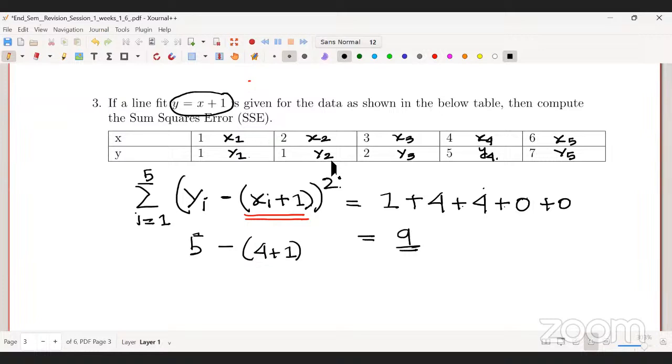In some cases, you may get a different function instead of this straight line. You may get some logarithm function, or some quadratic function, or cubic polynomial. So you can use this same method. There is nothing special about this line.